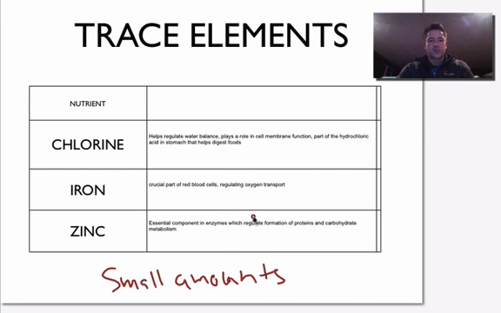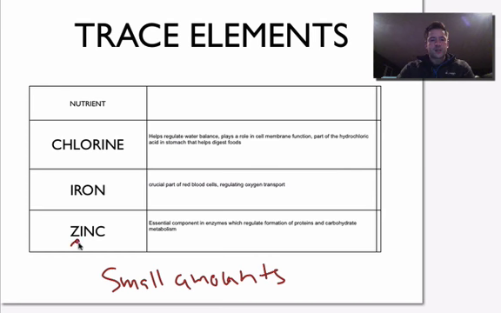Iron is a crucial part of the red blood cells, regulating oxygen transport. Those red blood cells are round with large surface area, and their job is to collect oxygen. Oxygen that we breathe in is diffused into our circulatory system, into our bloodstream, and is transported to our cells to help grow, rebuild, and function.